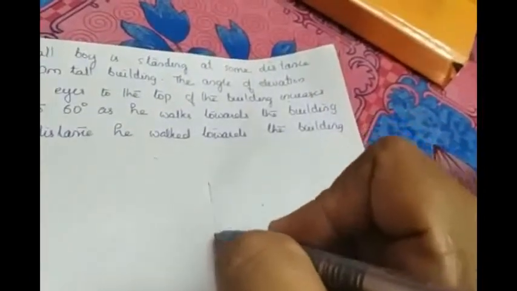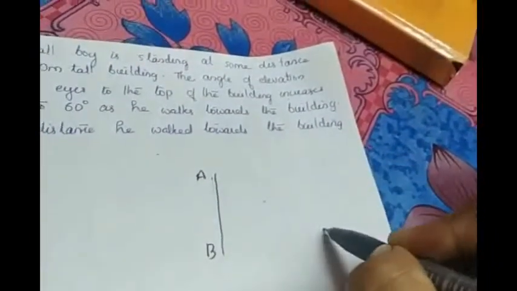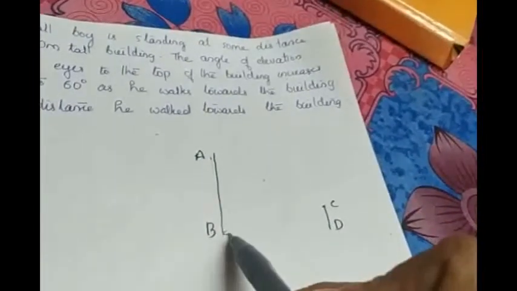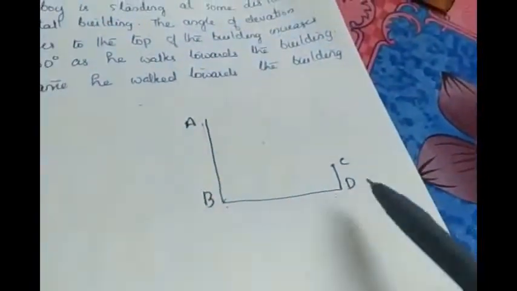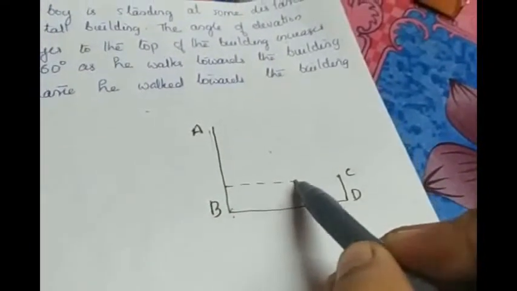So let this be the building. Let AB be the building. CD be the boy. Okay. Then obviously BD will be the ground level. This will be the ground level, so that I marked here as BD. Then I can draw a perpendicular line like this.